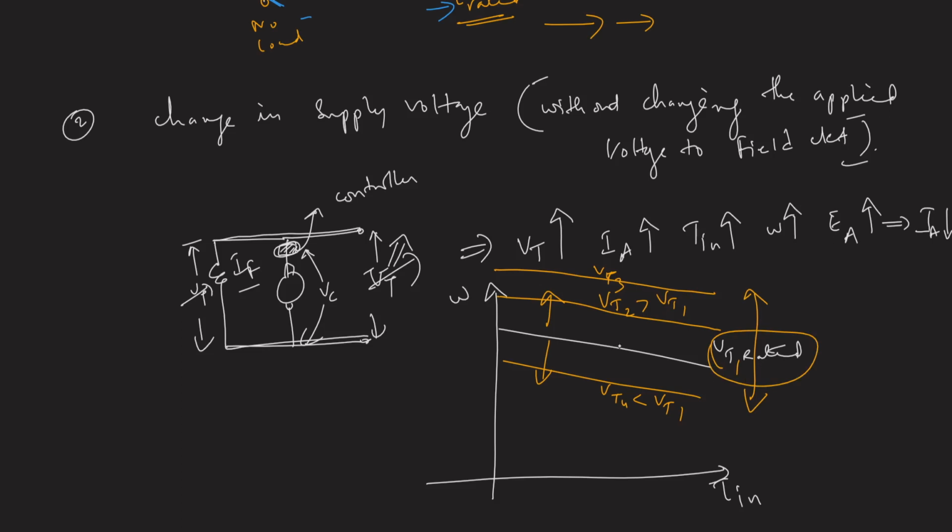Okay, so for any given load torque, I can operate at this speed, this speed, this speed, and I can operate at these speeds with the change in supply voltage.